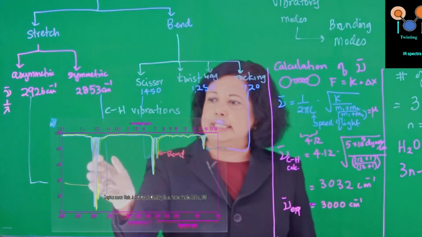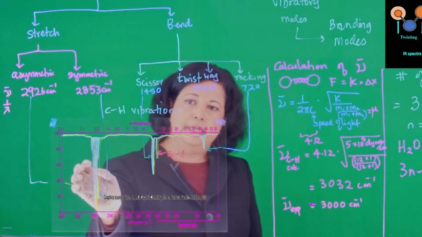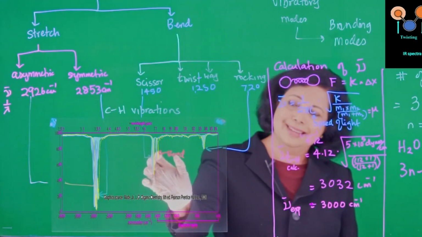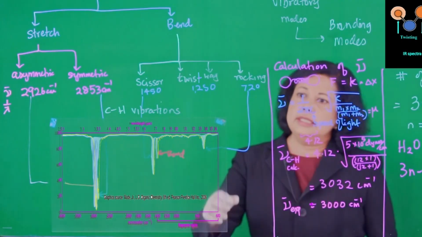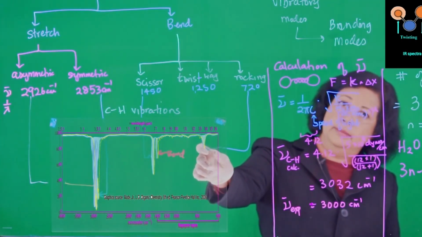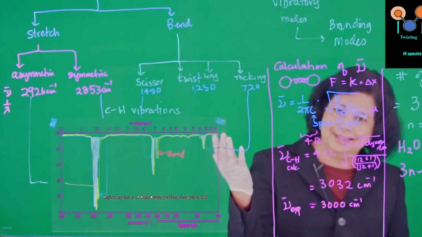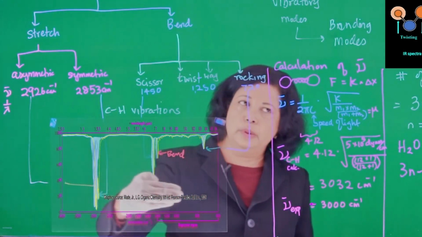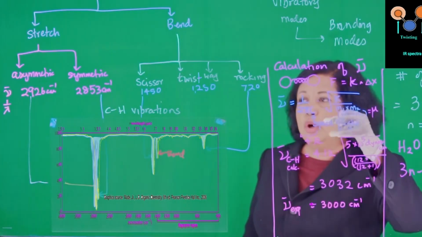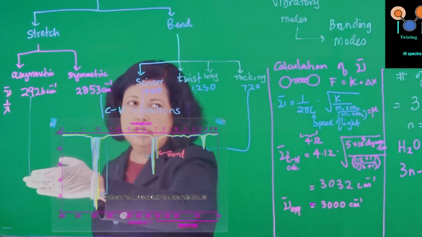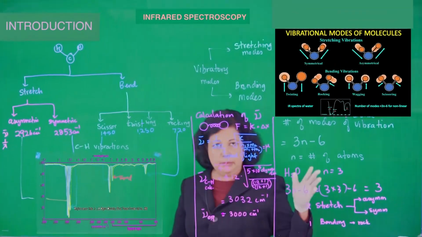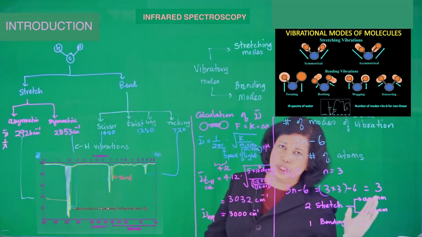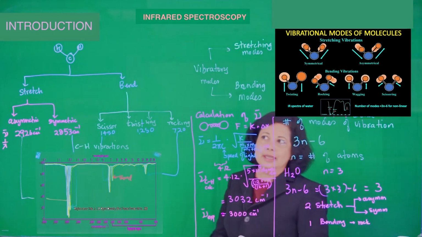For example, CH bonds are going to be in here, CC bonds are going to be in here because the mass is higher. CCl bonds are going to be in here because the mass is even higher. So as the mass gets to be higher, your wave numbers shift this way. As your bonds get stronger, the wave numbers shift this way. That's a very important point when we talk about frequency of stretching and bending in molecules.